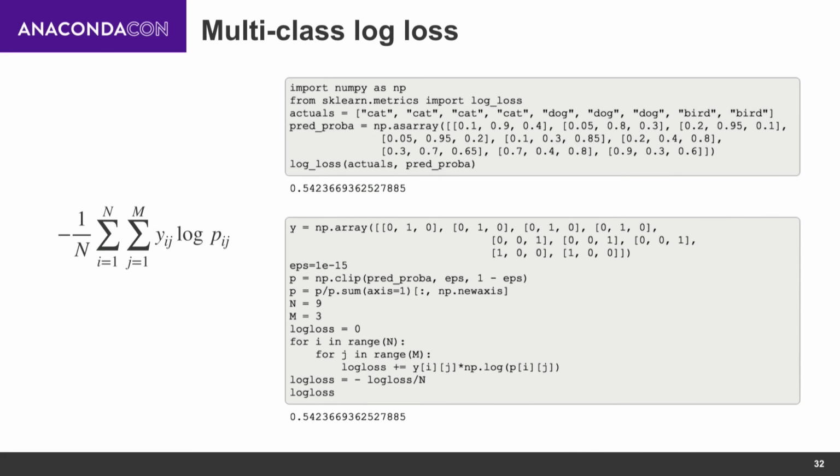But it's essentially the sum of, we're going to go through every sample and through every possible label, and for every time we're going to be taking y, which is whether this label is correct for this sample, a binary indicator, and we're going to multiply it by the logarithm of probability of this label being right for this sample.